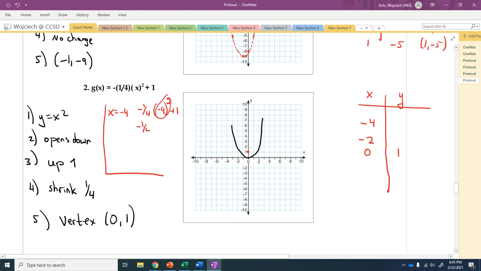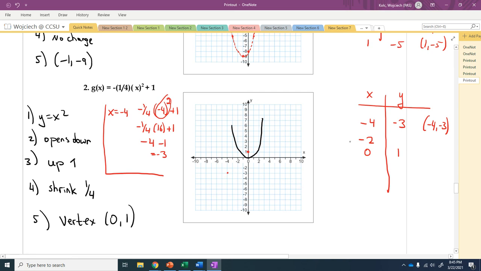So -1/4 times 16 plus 1. Now multiplication. What's -1/4 times 16? That's -4 plus 1, which is equal to -3. Okay? So when x is -4, y is -3. Let's plot this. -4, -3 will be over here.